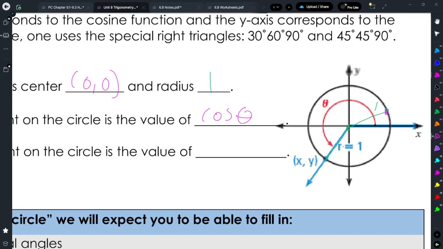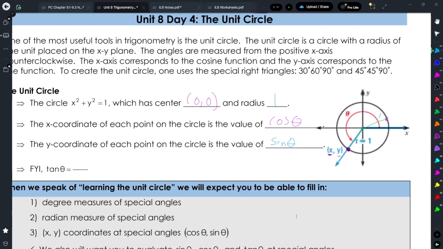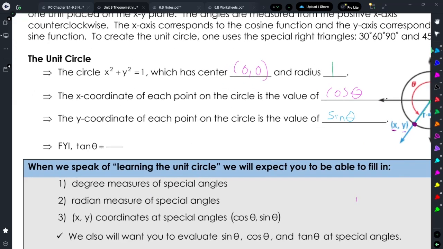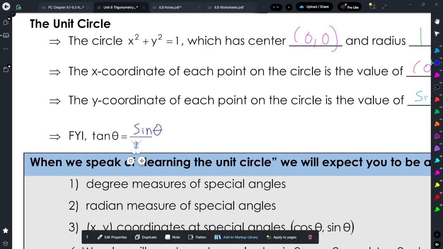So if I wanted to know the x coordinate of this point here, I would take the cosine of this angle, and that would give me the x coordinate. And for the y coordinate, I would use the sine of that angle. And as a little reminder, one of the definitions we've said for tangent is sine over cosine.